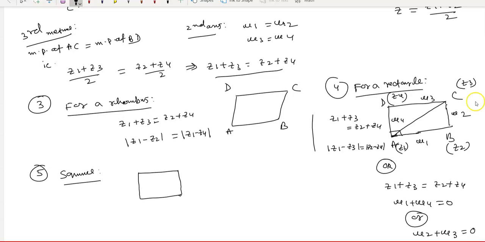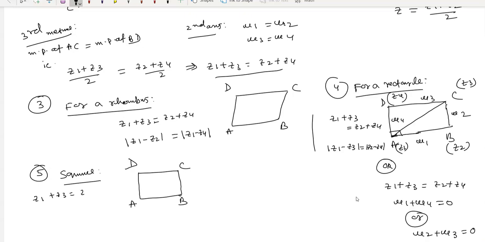For a square, if the vertices are A, B, C, D, then additional conditions are there. Length of AB equal to length of CD, in terms of slopes also you can say. But you have to put three conditions over there, minimum three conditions. First, it's a parallelogram: you write Z1 plus Z3 equal to Z2 plus Z4.